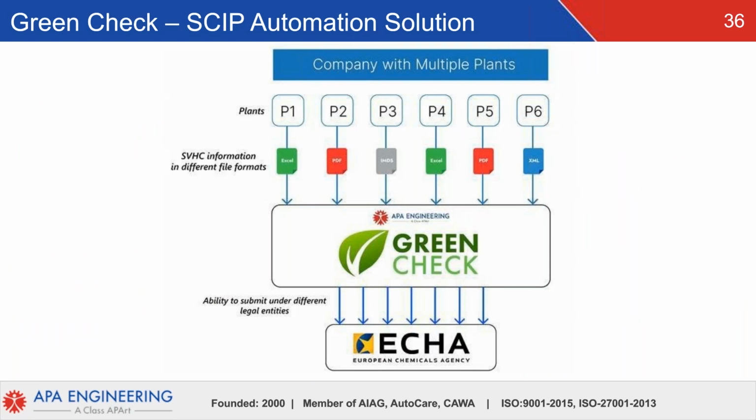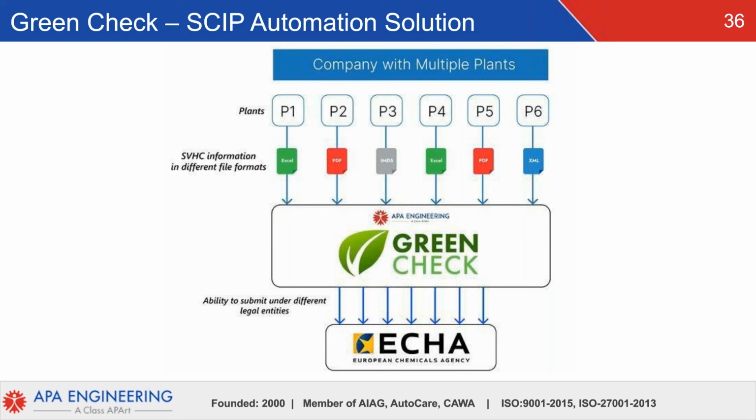This is another process flow. The advantage of automation is being shown here. GreenCheck can handle, on the top, P1, P2, P3, P4, which shows the number of plants. So far we worked with one customer that has 30 different plants. As per the legal requirement, every plant is required to submit its own SCIP dossier, so they cannot combine it.